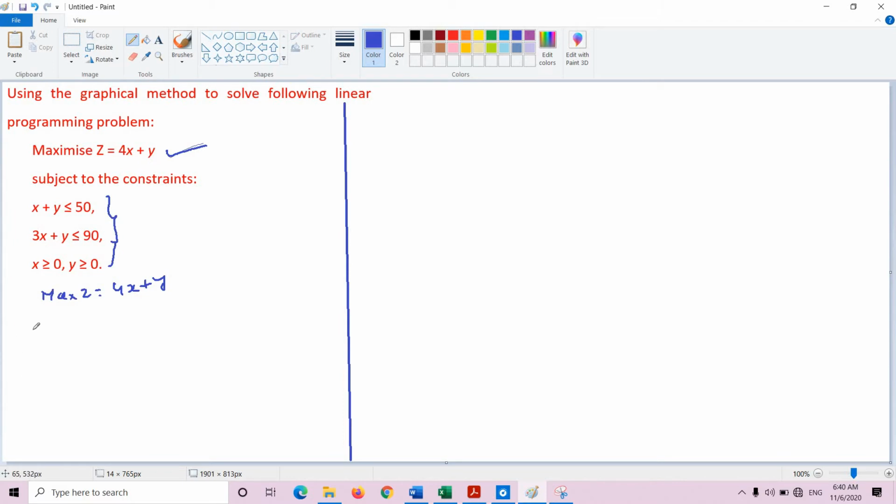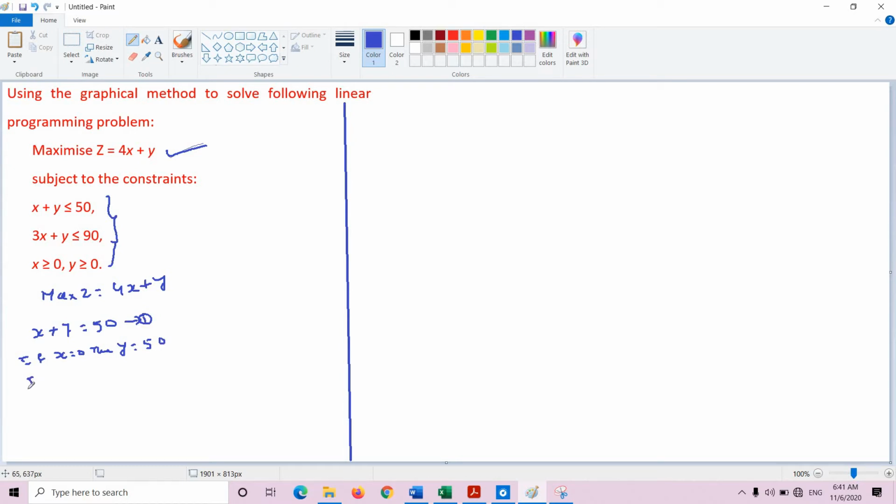Now the first equation: x plus y equal to 50. This is equation number 1. What we have to do is substitute x equal to 0, then y equal to 50.